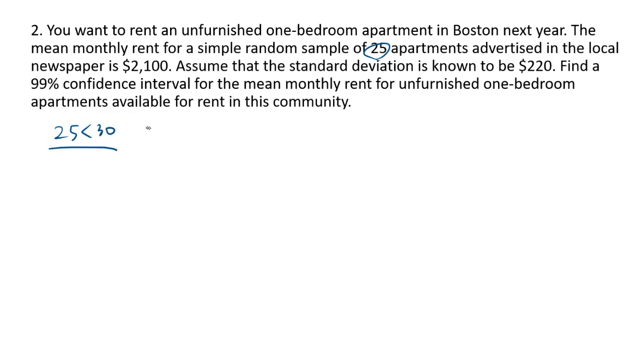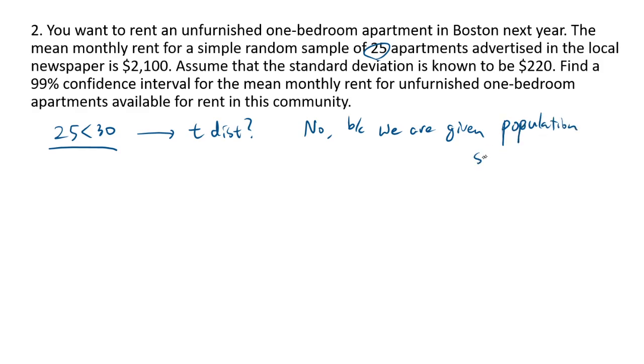In that case, you might ask, do we need t-distribution? But here, no, because we are given the population standard deviation, which in our case is 220. Okay, so we just go with z alpha over 2.